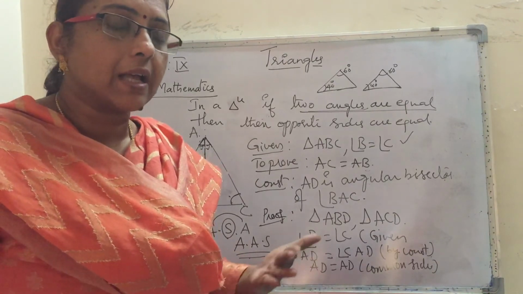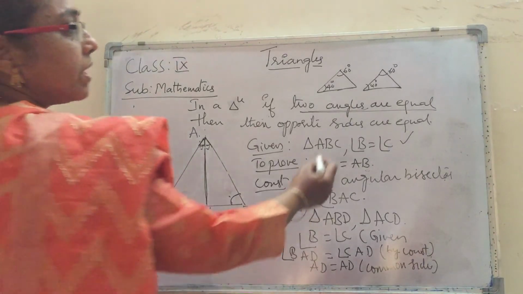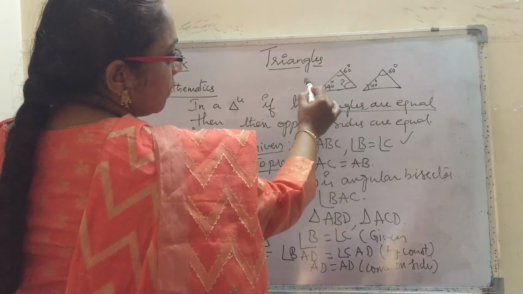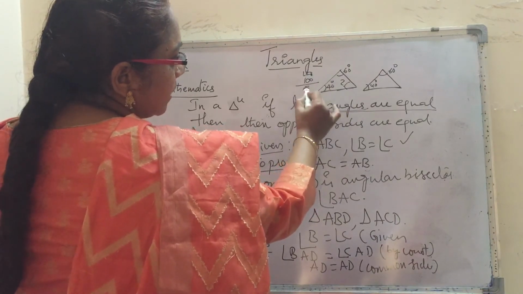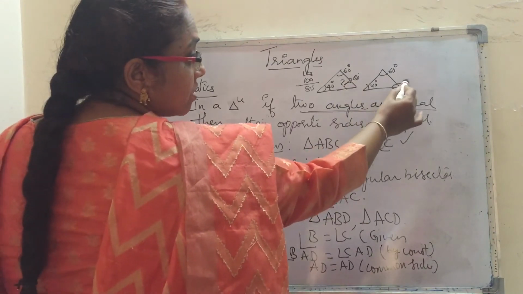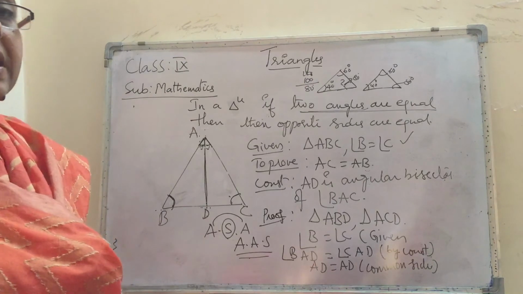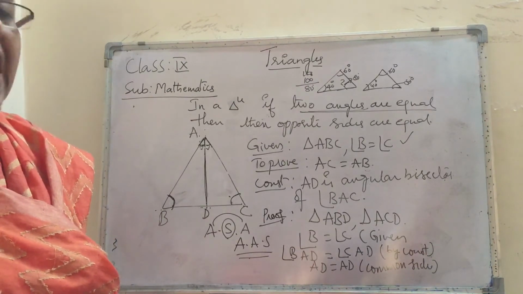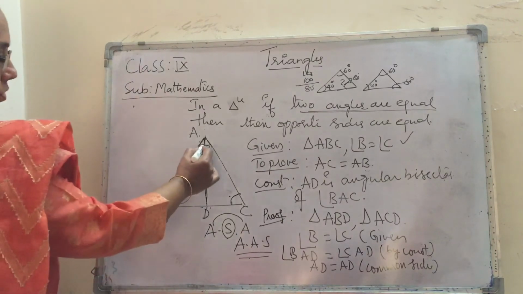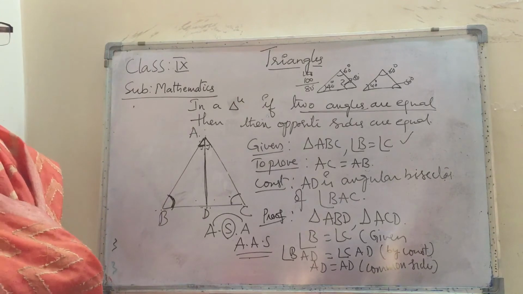In a triangle, the sum of three angles is 180. What is the third angle? Here 60 plus 40 is 100, and 180 minus 100 is 80. So the third angle is 80 here, and here also 80. So if two angles are equal, then automatically the third angle will be equal according to the angle sum property. Is it clear? Here these two angles are equal means the third angles are also automatically equal.